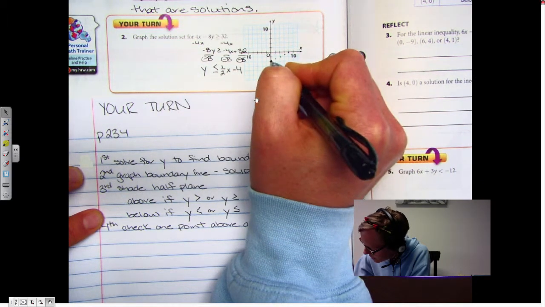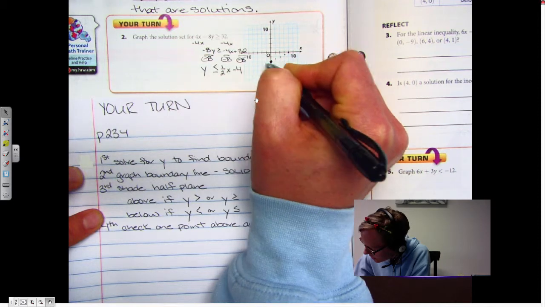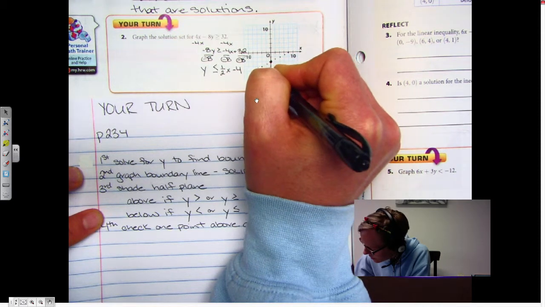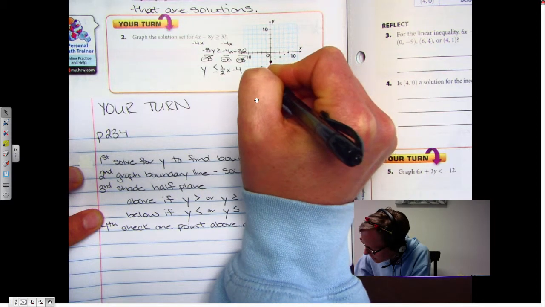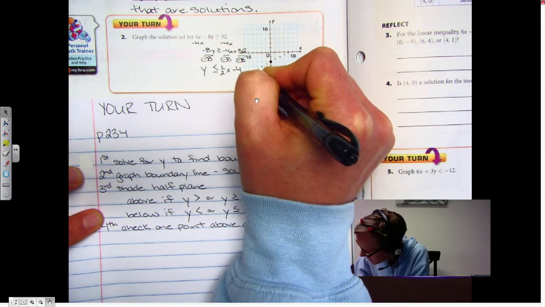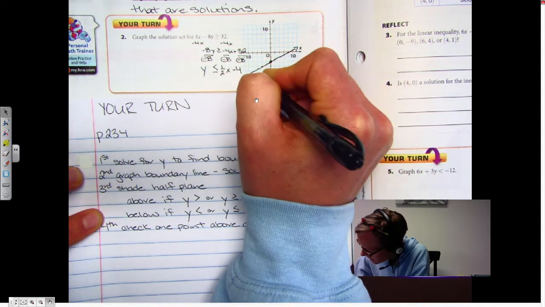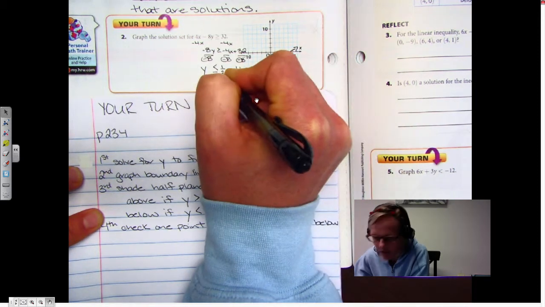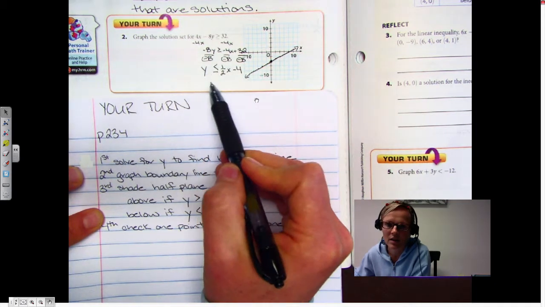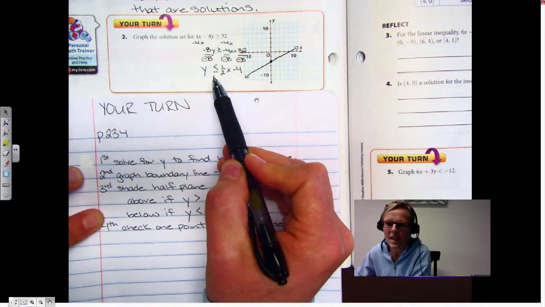Similarly, we go down 1 over 2, down 1 over 2. Okay? So we connect these points. I'm making it a solid line because of the equal part of the inequality, that little equal part.